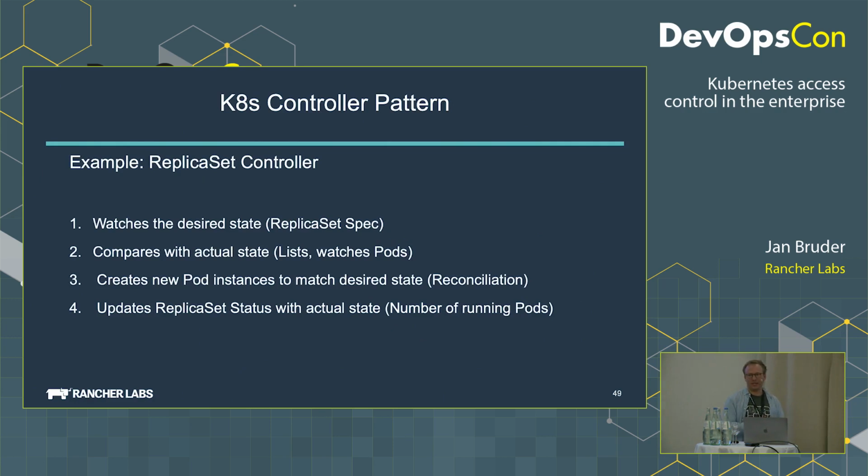A replica set describes how many pods should run of a specific pod and describes the attributes of the pod. The replica set controller watches the configured state, for example, I want 5 instances of this pod, and then it looks how many pods are actually running. If there are not 5 running, it tries to drive the state towards 5 running.